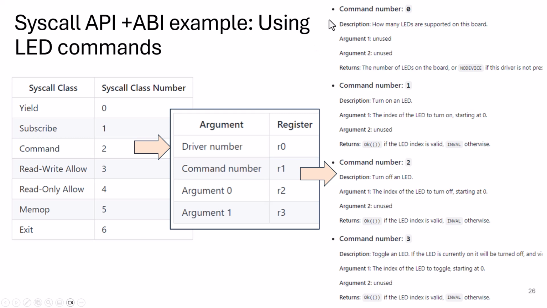Here are the different commands, like command number 0 is how many LEDs are supported. Command 1 is to turn on LED. Command 2, if you send a 2 there, is turn off. And the ABI is actually setting the registers, putting those values in particular registers for that architecture. And then this just shows the other command setup for that.